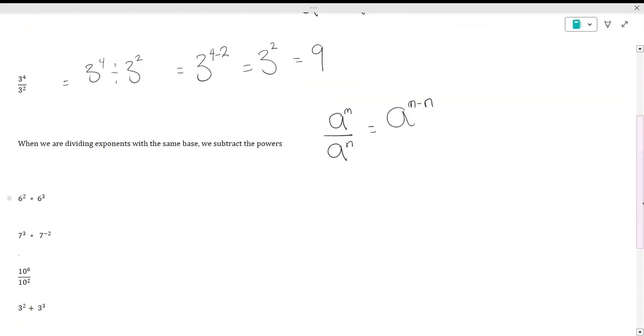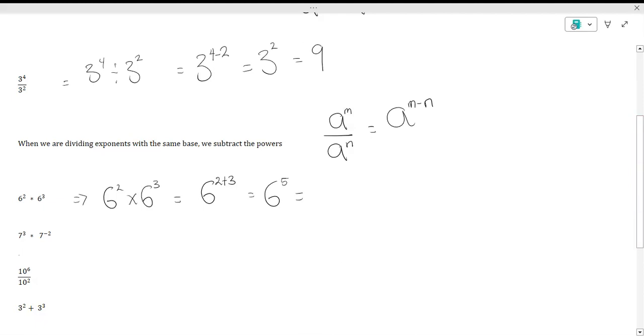We'll go to the next question. We have 6 raised to the power 2 times 6 raised to the power 3. Since we're multiplying, that is equal to 6 raised to the power 2 plus 3, which is 6 raised to the power 5.